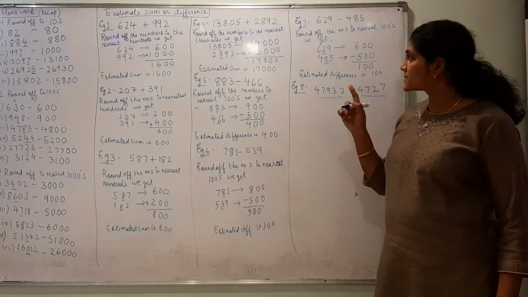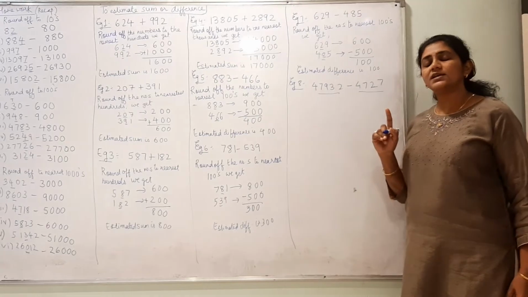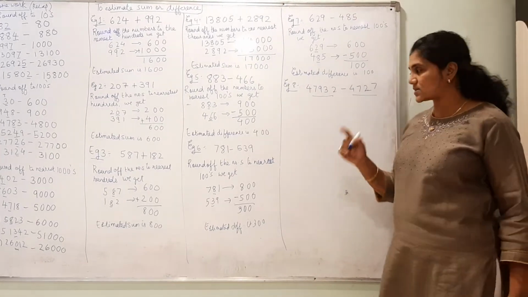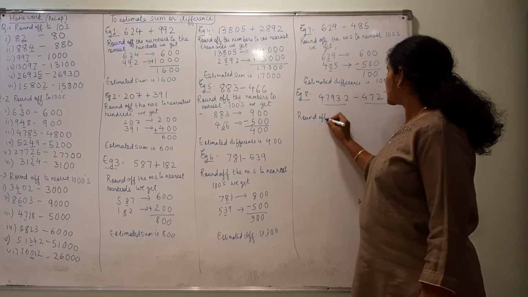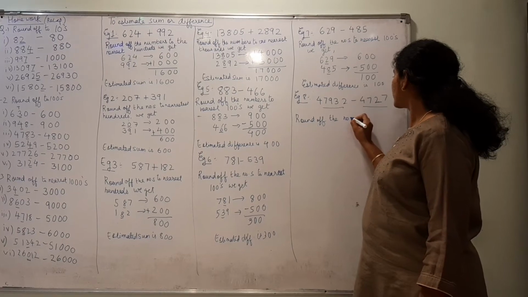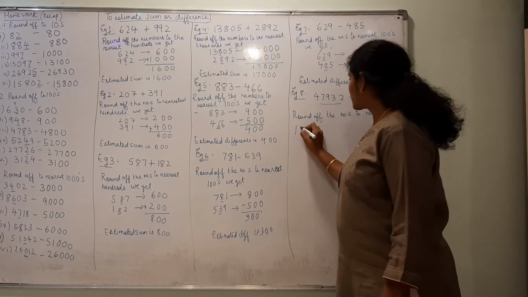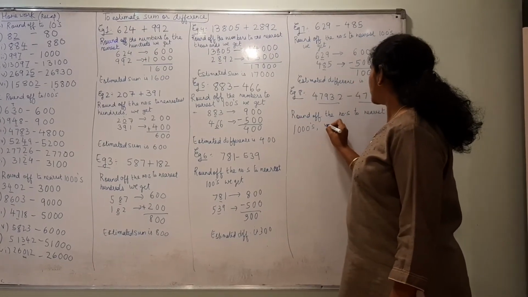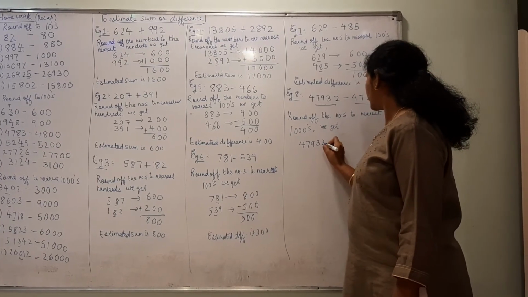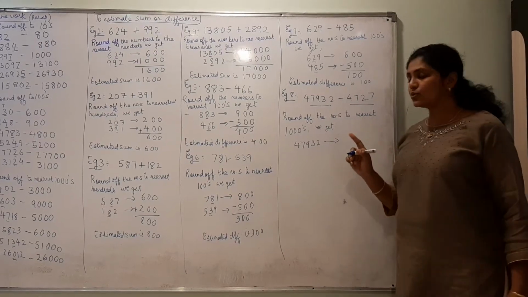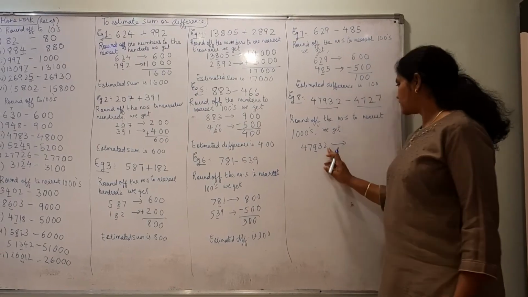Right? Now here it is a 5-digit number and this is a 4-digit number. Again same as example 4, you will round off both the numbers to the nearest thousands. So you have to write round off the numbers to the nearest thousands, we get, so rounding off to thousands means again we will look at the hundreds place.